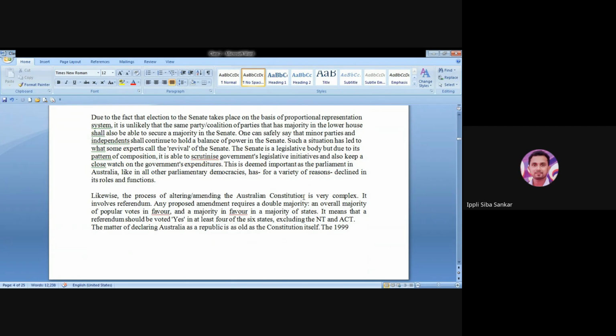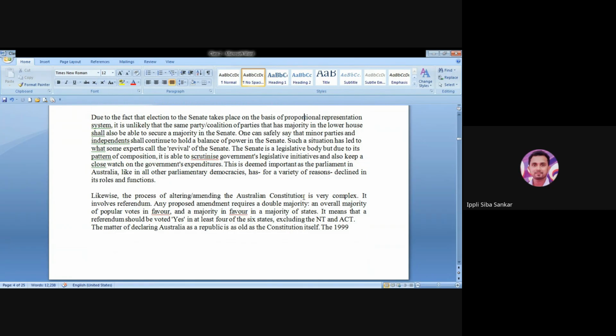The Senate is a legislative body, but due to its pattern of composition, it is able to scrutinize the government's legislative initiatives and also keep a close watch on government expenditures. This is deemed important as the parliament in Australia, like in all other parliamentary democracies, has, for a variety of reasons, declined in its roles and functions.